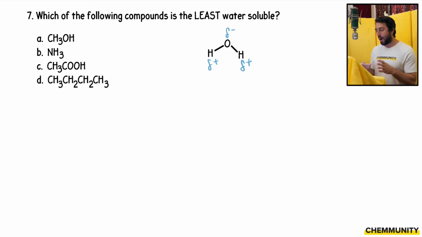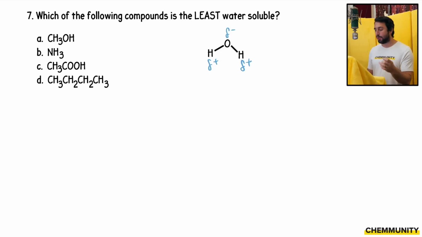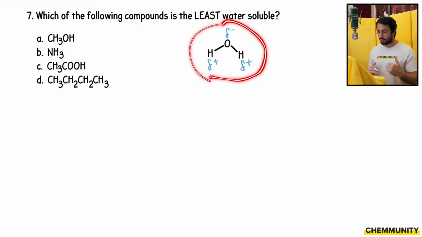And so water is able to do dipole-dipole interactions, and specifically it is also able to do hydrogen bonding because OH bonds are one of those three groups, OH, FH, or NH, that are capable of hydrogen bonding. The compounds that are most water soluble are those that are best able to interact with water and produce favorable electrostatic interactions that bring the system to a lower energy.